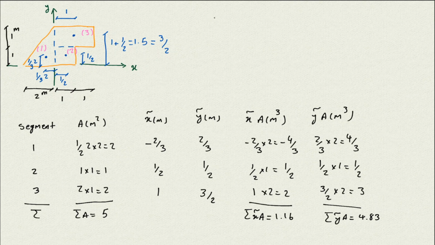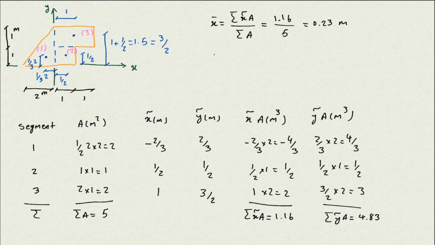Then to calculate the centroid for x, it is sigma over sigma area, and we have these values already here, so it's going to be 1.16 over 5, and it gives us 0.23 meter.